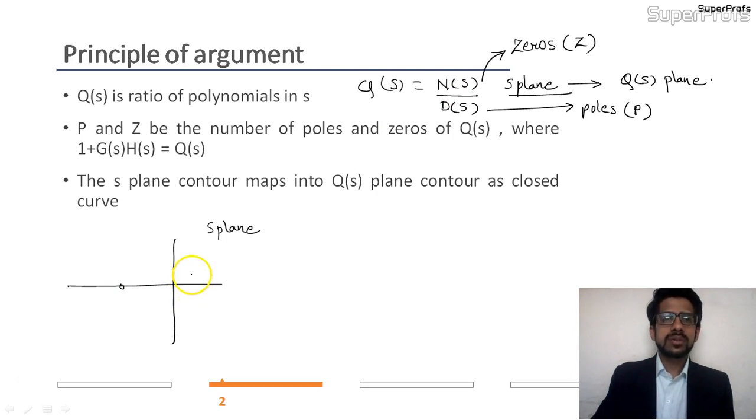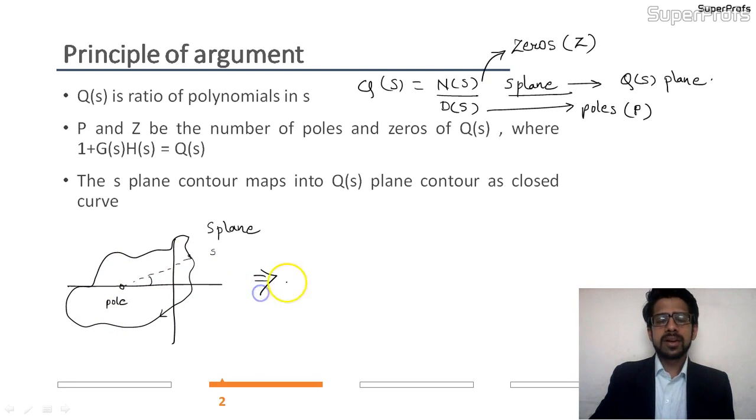According to the principle of argument, if you take any random point S in this plane and calculate the angle, and move this point clockwise around the pole, you measure the angle at every point.